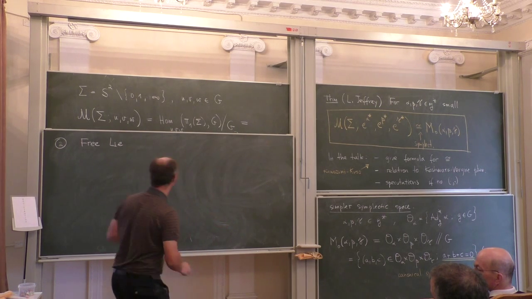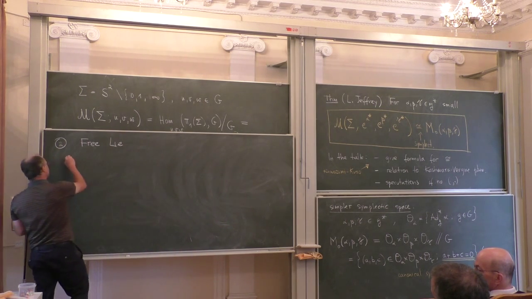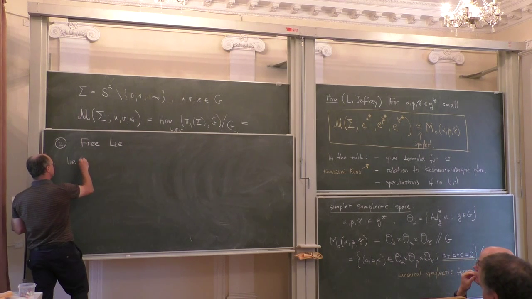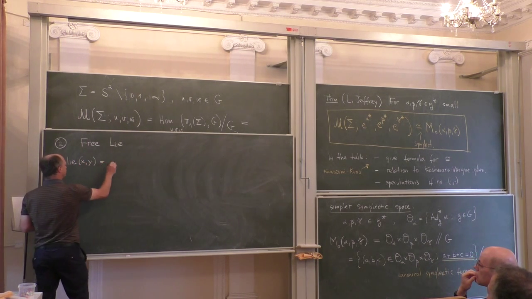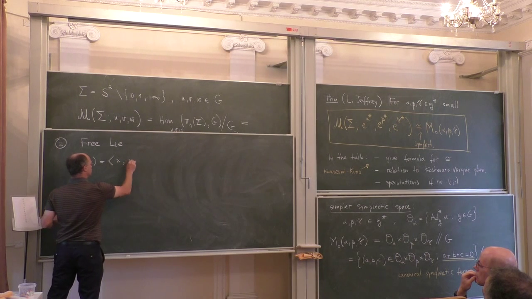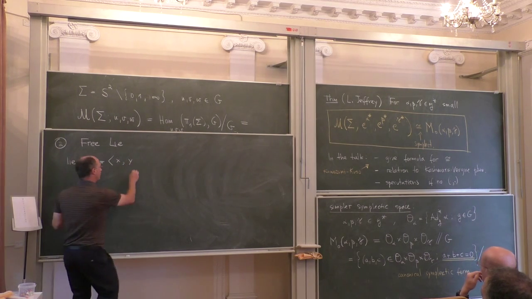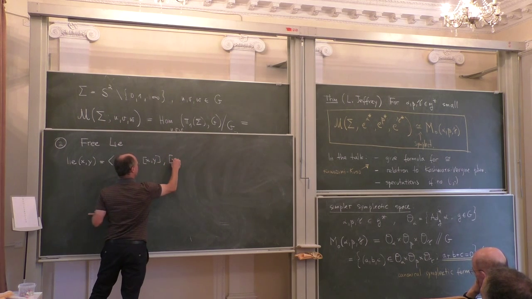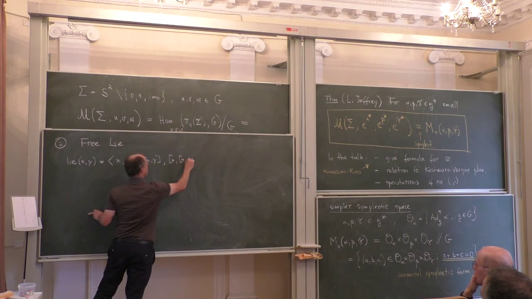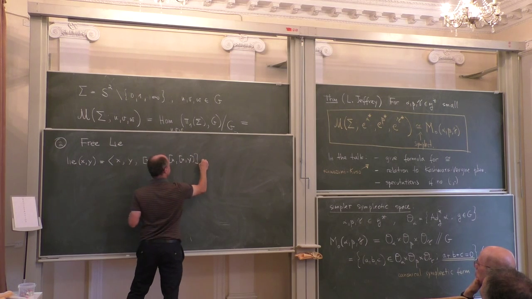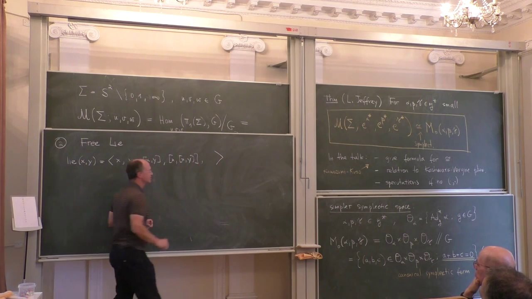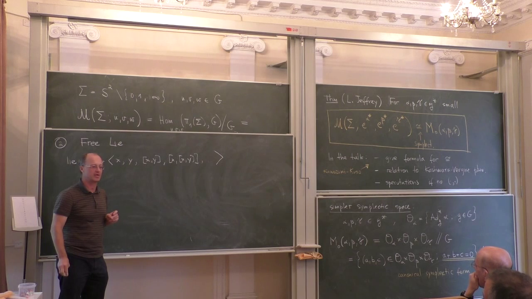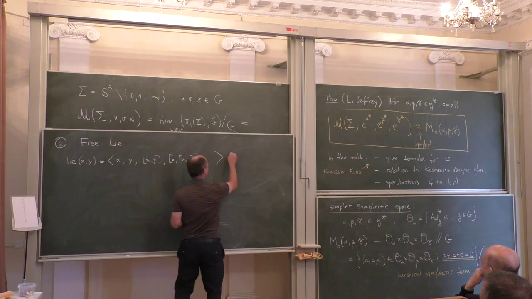Let me recall that a free Lie algebra, for instance with 2 generators, is spanned by symbols x, y, its Lie bracket, and various multi-brackets like [x,[x,y]], and so on, subject to skew symmetry and the Jacobi identity. So the usual rules in Lie theory.